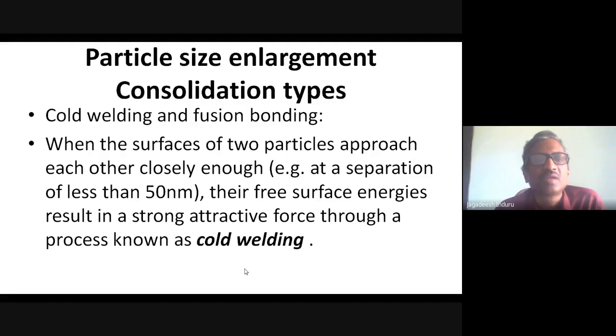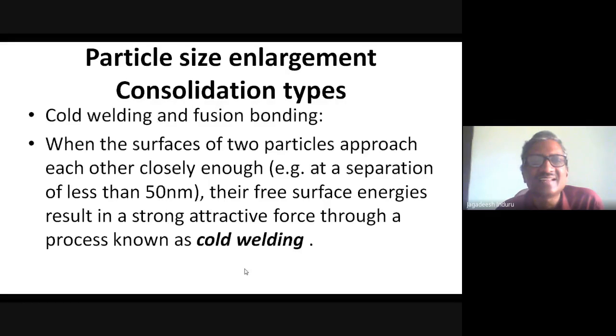In type A and type B material, generally what happens is, when the surfaces of two particles approach each other at a separation distance of 50 nanometers, they come closer and closer. Just like in your DLVO theory, when the particles come closer, they form a permanent sediment. Like that only, when you are applying the force, the powders come closer and the distance between the two particles is less than 50 nanometers.